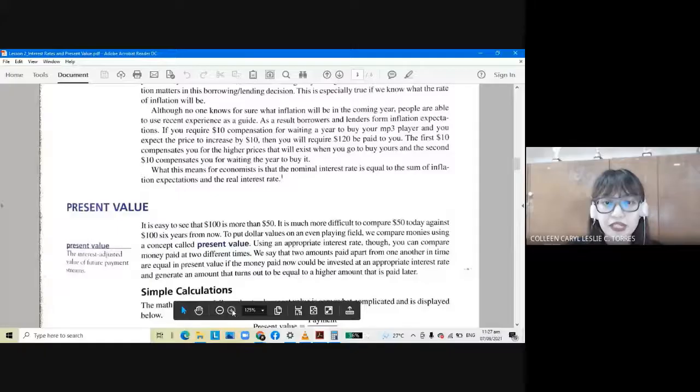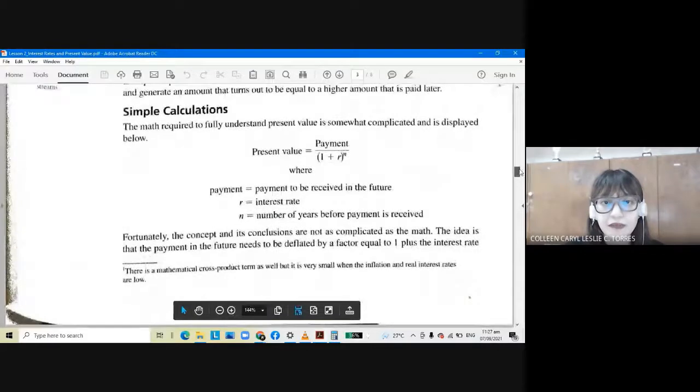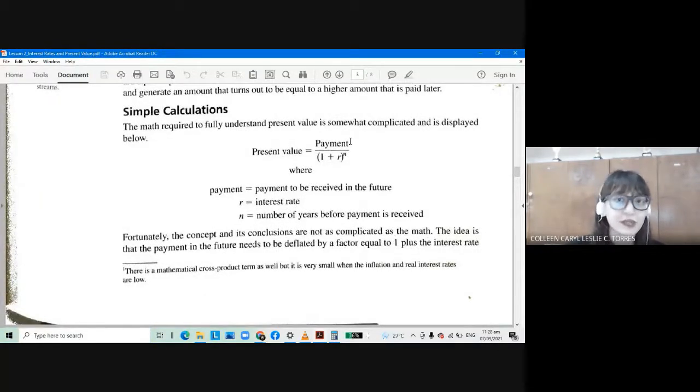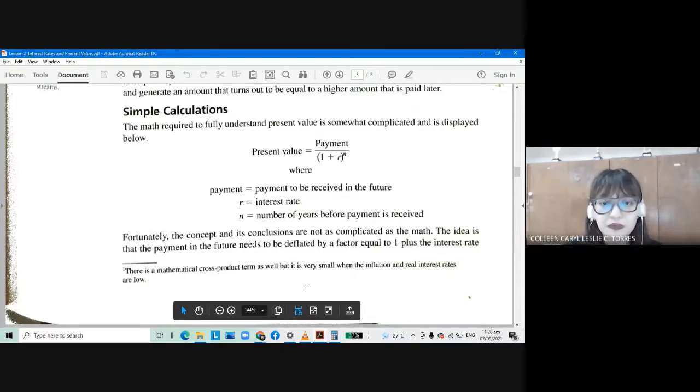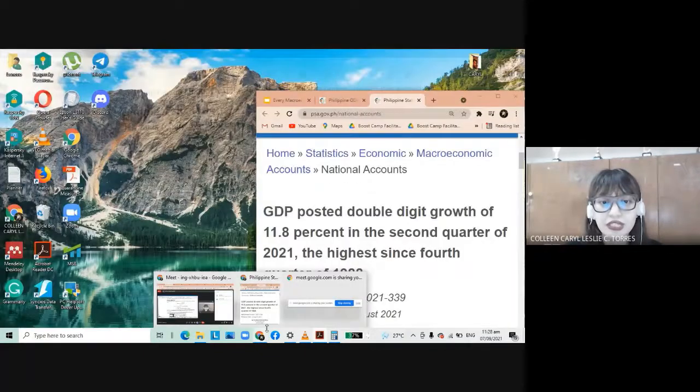As mentioned, the formula for the present value is the payment, that is 5,000 pesos, divided by 1 plus the interest rate, R, raised to the power of the number of years before payment is received, or the number of years that you would like to receive the payment. And so I'm using that formula.